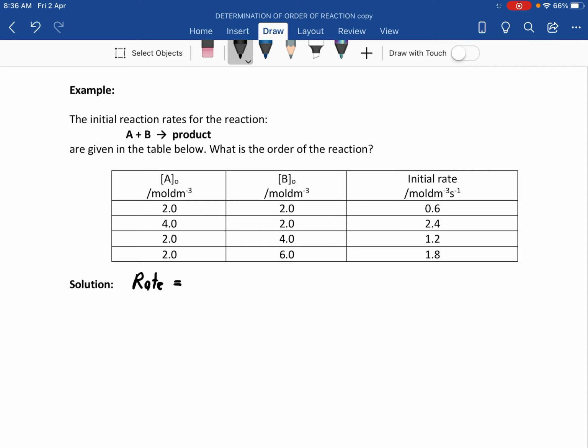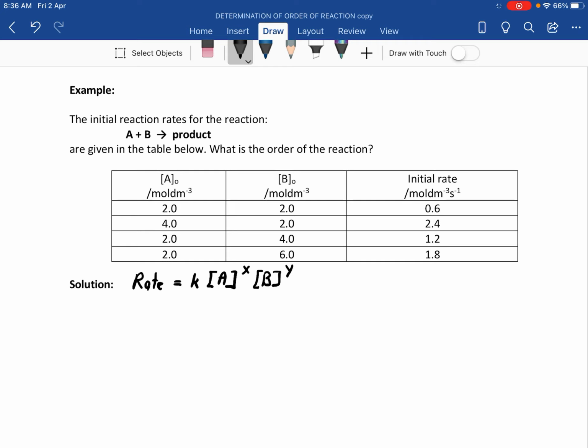Rate is equal to k, where k is the rate constant, times the concentration of A to the power of x, since we don't know yet the order of reaction, and then the concentration of B to the power of y.